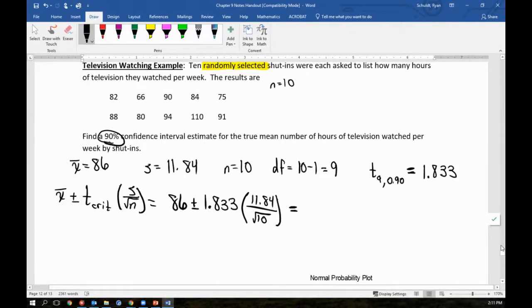What did you get for your error bound? 86 plus or minus what? 6.863, okay.